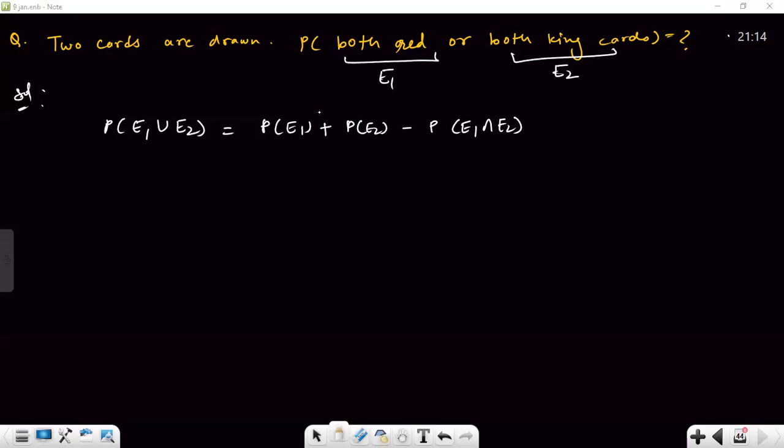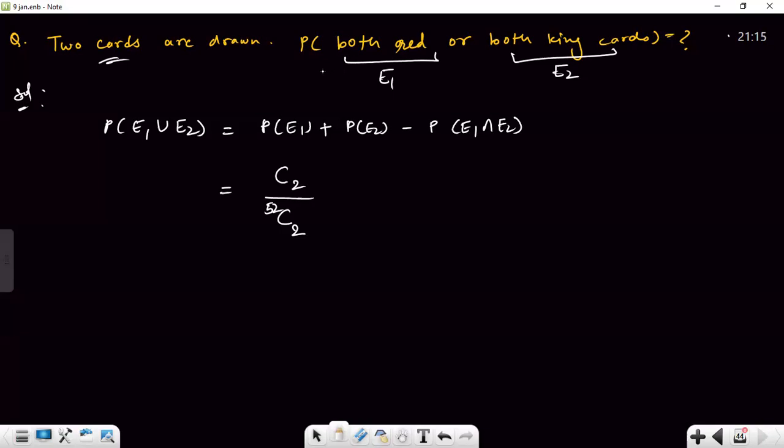Okay, so both cards will be red when? Basically, if we are withdrawing two cards from a pack of 52 cards, the total ways of selecting two cards from a pack of 52 cards is 52C2. Now, how many red cards are there in a pack of 52 cards? We have to select two cards, both of them have to be red.